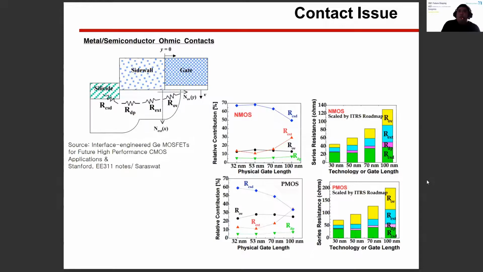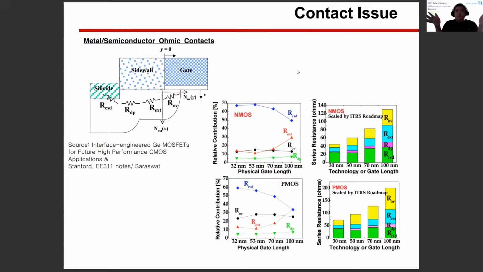Another thing we need to consider is the contact. As we can see, we put metal on the surface of the drain and source.